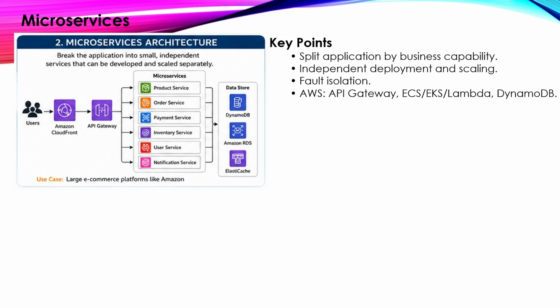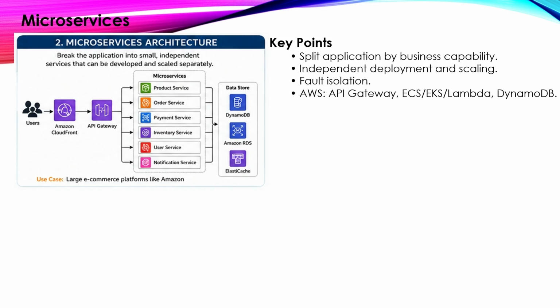Amazon splits the system into independent services: a product service, order service, payment service, inventory service, and many more. Each team can build, deploy, and scale its own services independently. That is the benefit of microservice architecture. If the recommendation service has an issue, the customer can still place an order. That's the power of microservices.